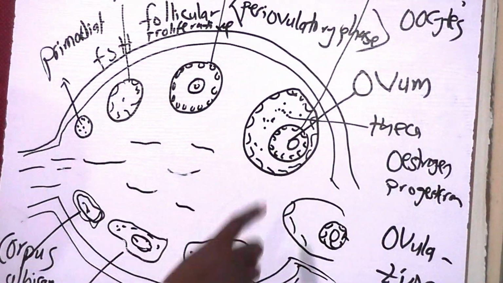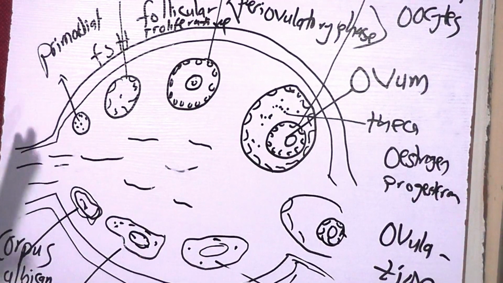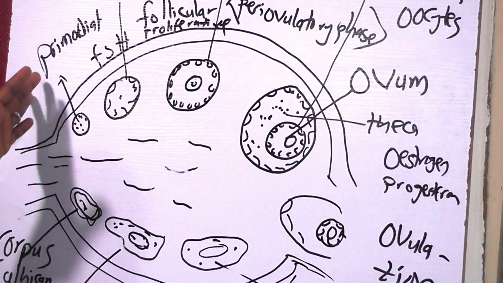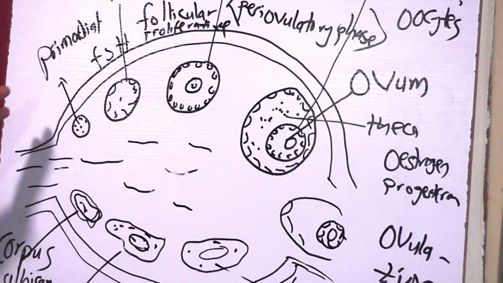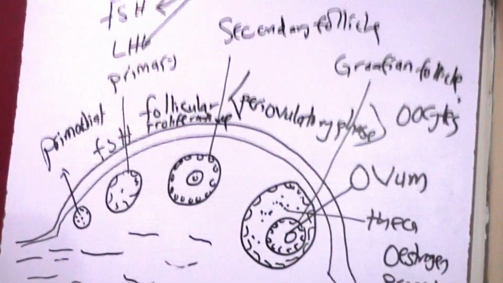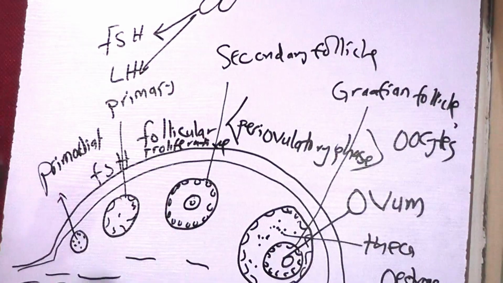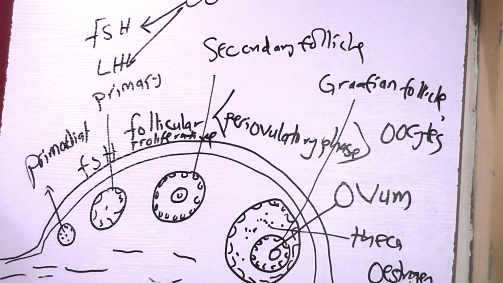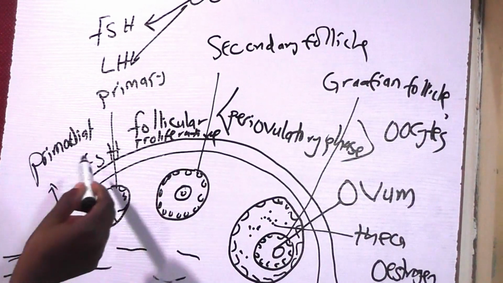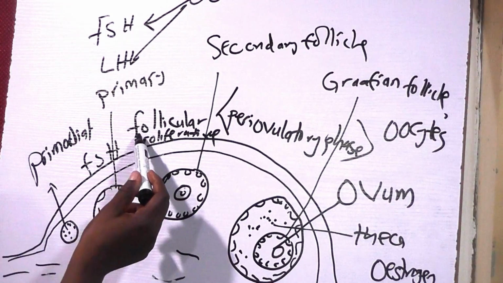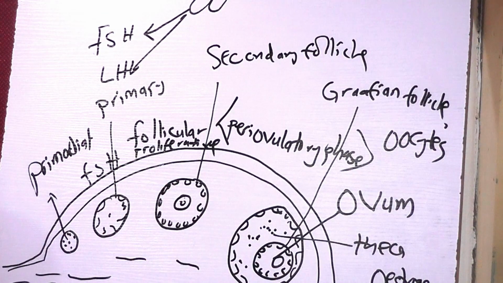And that's how the cycle continues. So in summary, we've talked about the ovarian cycle, which is divided into two phases: the follicular phase, which is the first half, and the luteal phase. The follicular phase is mainly regulated by the follicle stimulating hormone, and the luteal phase is mainly controlled by the luteinizing hormone.